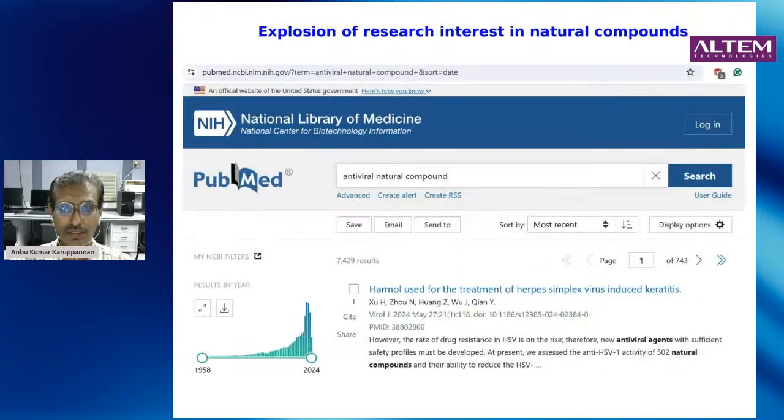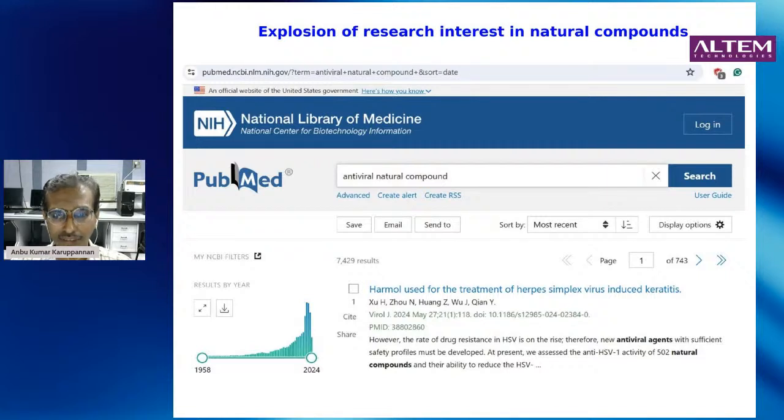So if you look in the archived popular scientific field, you can see on the left side bottom panel that from 1958 to 2024, there is a big surge in the publications which talk about natural compounds.